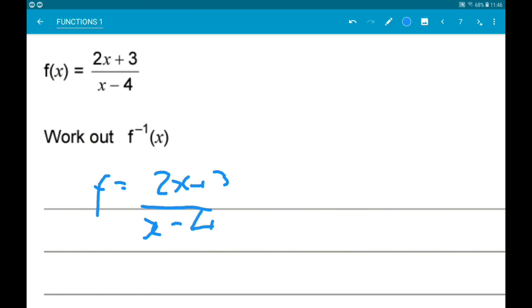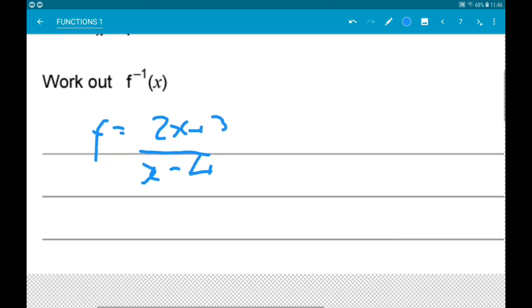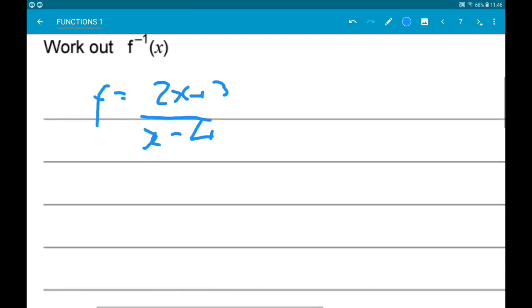Now we need to make x the subject. So we're going to multiply through by x minus 4. So we're going to get fx minus 4f is equal to 2x add 3.